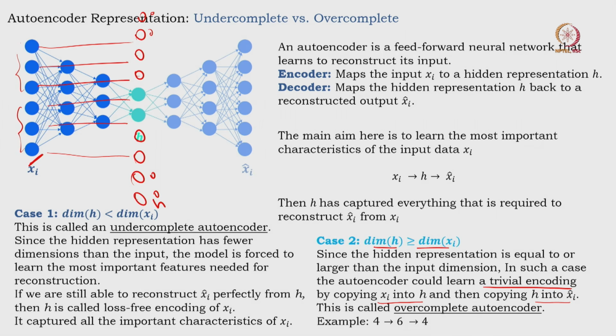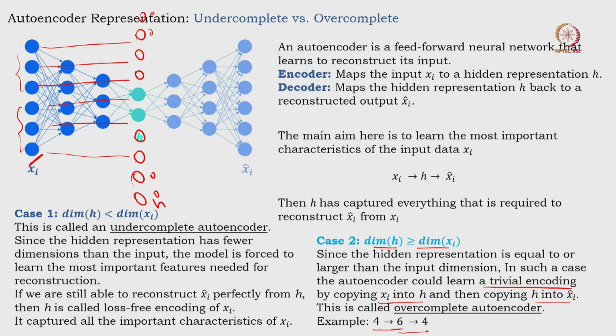If you take 4 values, I am directly copying them to 6, and the remaining 2 values I will keep as 0. Then from 6 I will directly go to 4 by removing those values. Where is the learning here? There is absolutely no good representation learning.